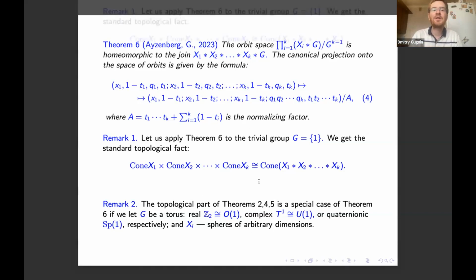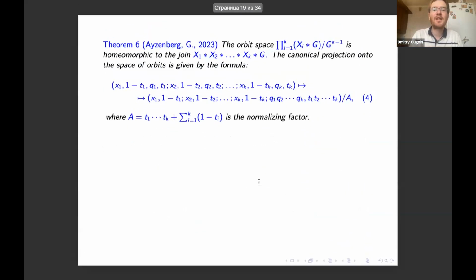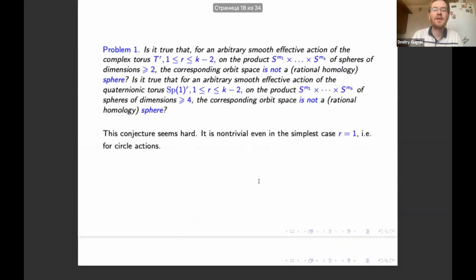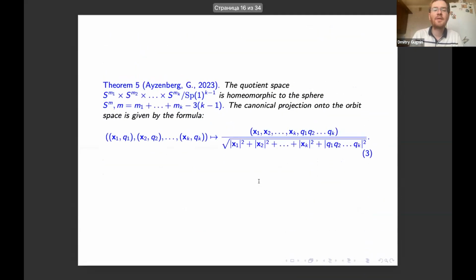But what is more interesting is that when you have this formula, for example, you have this very beautiful and explicit formula in coordinates, and this is the most interesting part of these theorems.